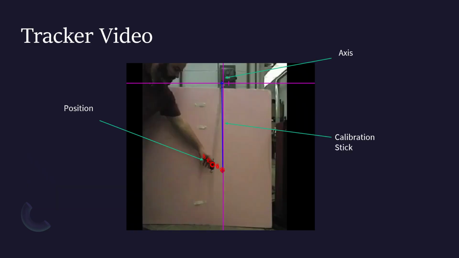For our Tracker video, the axes are in pink: the positive x-axis is towards the right, the negative x-axis towards the left, positive y is up, negative y is down. The calibration stick in this case is 0.7 meters, and that tells our code the scale of our experiment. The red dots represent the positions of the mass at different time intervals.